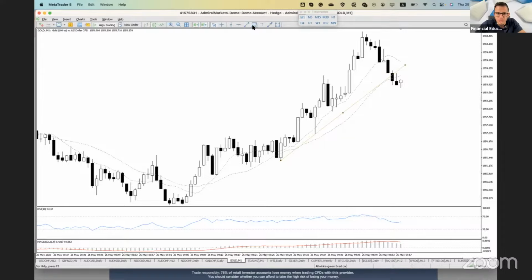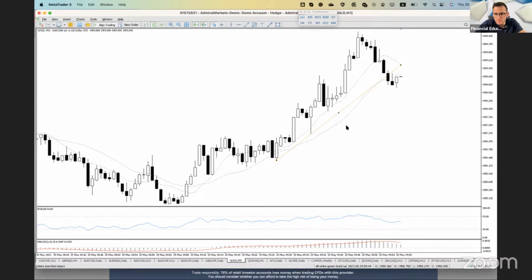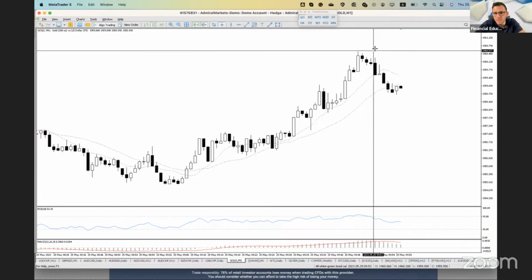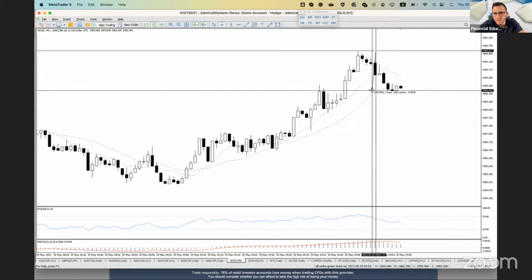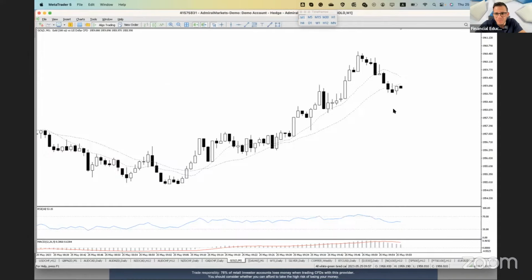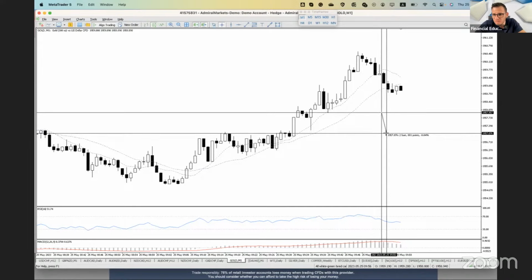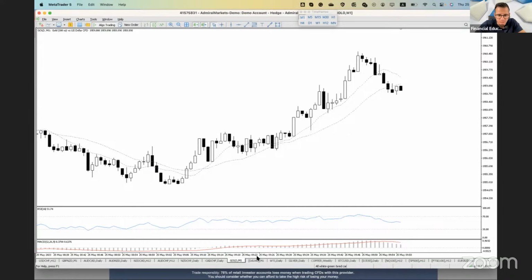1 minute left for the London Open. Gold, very tricky. A breakout above here, but it's 16 pips away. A breakout below, 8 pips away.